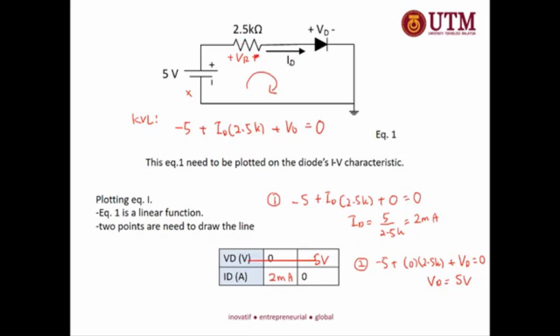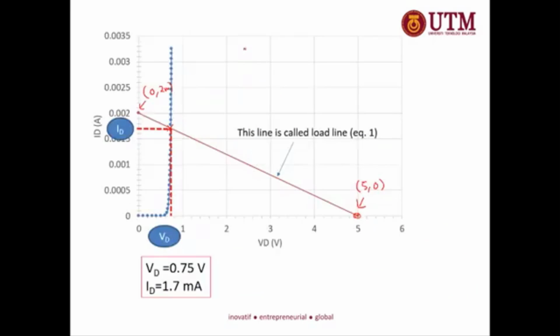Once you get the ID, the current across the 2.5 kilo ohm is equal to this current because they are in series. In series, the current is the same. So you know the current and you know the resistance, so you can simply calculate the voltage drop across the resistor using Ohm's law.